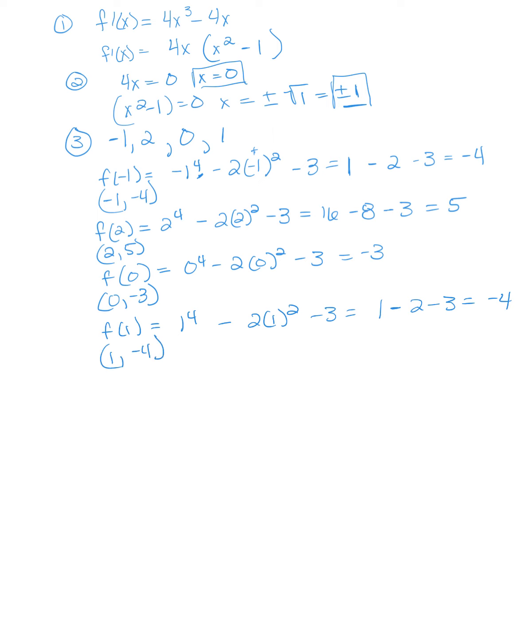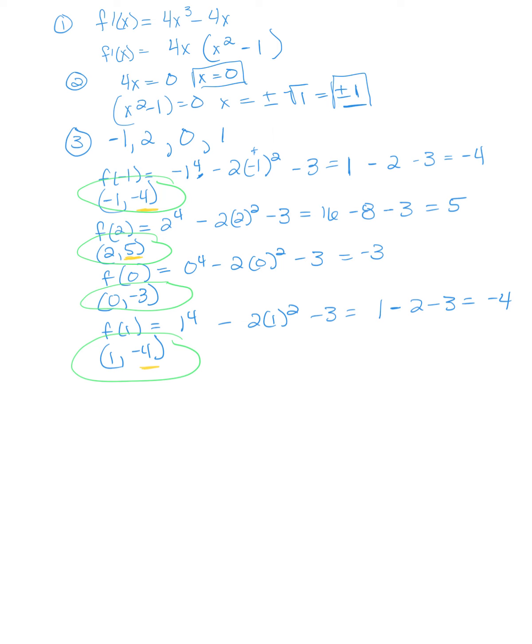Okay, so then we want to look at all of our y values to determine where we have extrema. Our lowest looks like it's going to be at -4, and our highest is going to be at 5. So these are our points. We have a point here, here, and here.